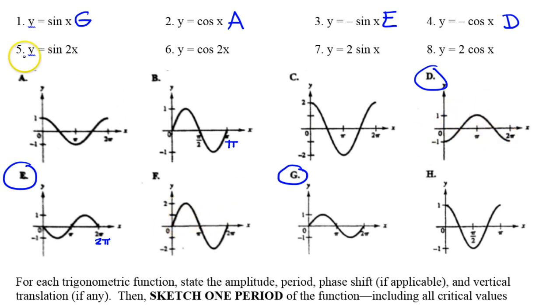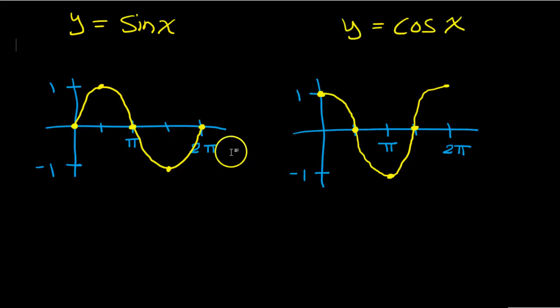Okay, now number 5, y equals sine of 2x. So that should just be like a normal sine function, like g, except for, actually, you know what, let me be careful. This 2, let me go back to my other screen.